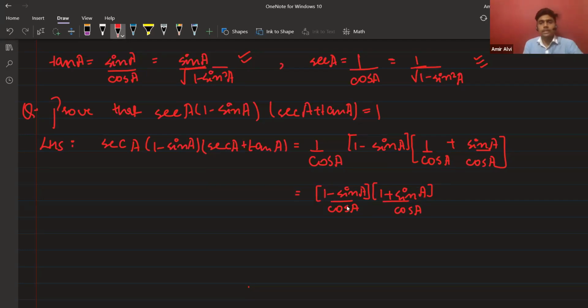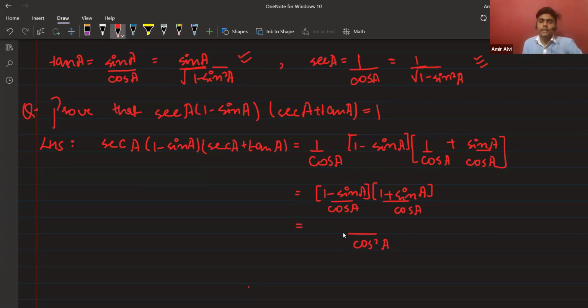Yes, sir. Now cos into cos, because these terms are in multiplication, gives cos square A in the denominator, and (1 minus sin A)(1 plus sin A) in the numerator.